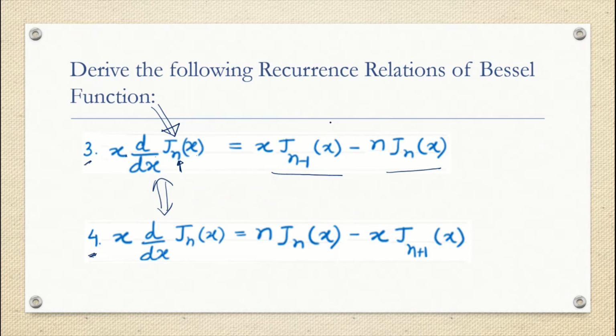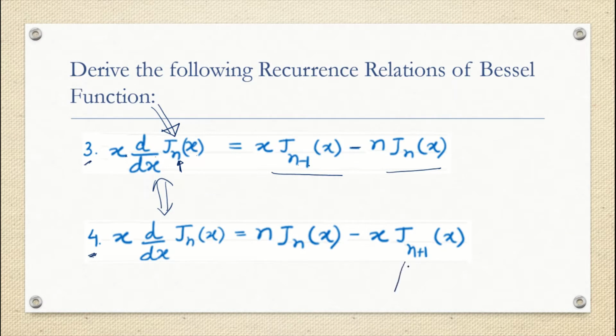We also have to memorize this as a formula: if I take the derivative and multiply with x, I get x times the Bessel function of order n minus 1, subtracted by n times the Bessel function of order n. Similarly, this is the same as n J_n(x) minus x J_{n+1}(x).